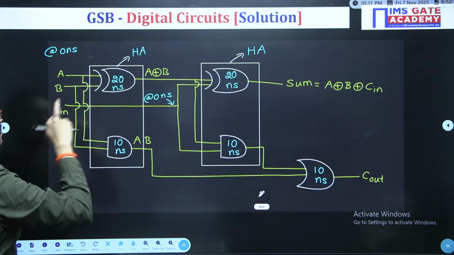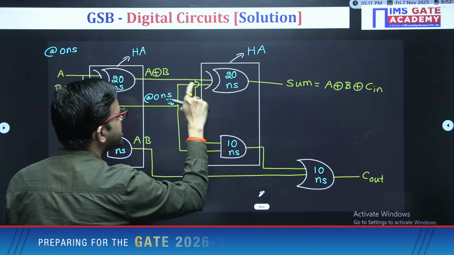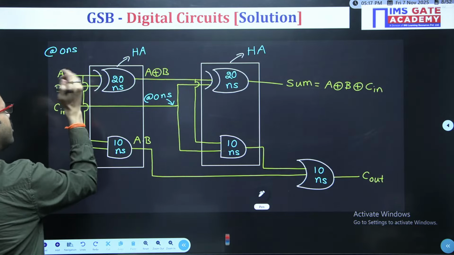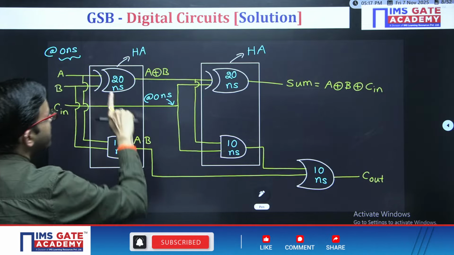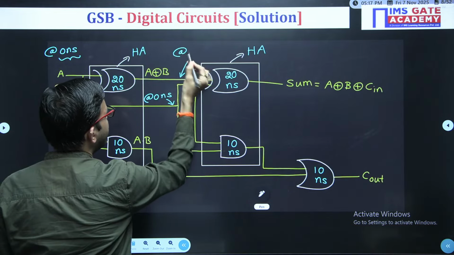That means this input you directly get. But for this XOR gate, one more input is there. That input is the output of the first XOR gate. AB you have given at 0 nanosecond, but this XOR gate has a certain delay. So accordingly, this output you are getting at 20 nanosecond.